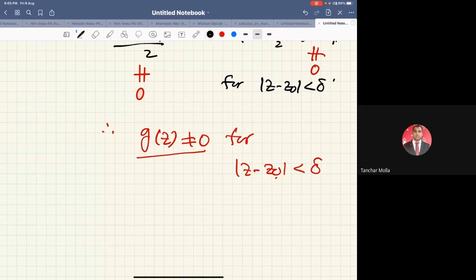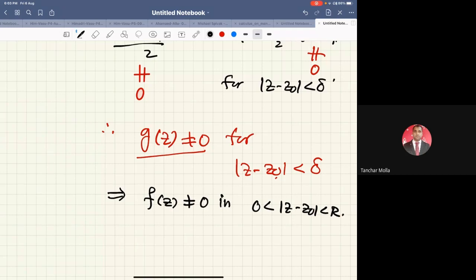This implies f of z is not equal to 0 in 0 less than modulus of z minus z0 less than r.